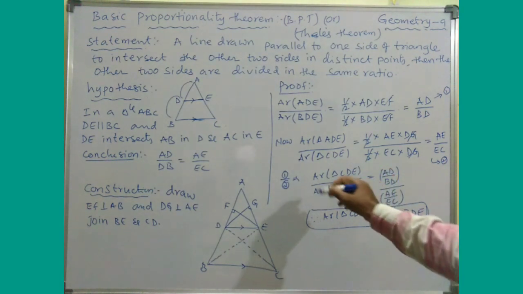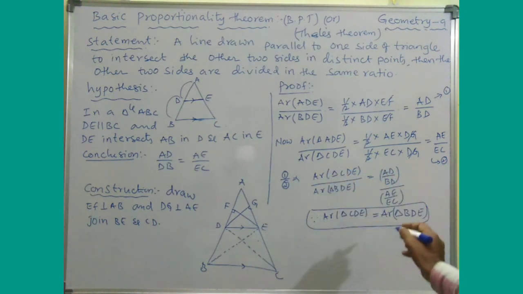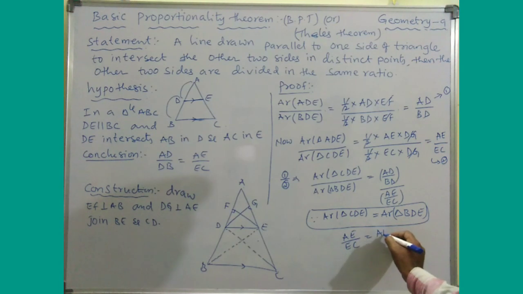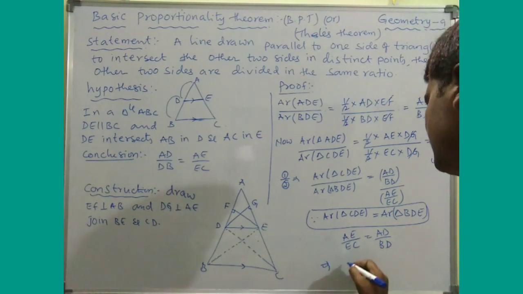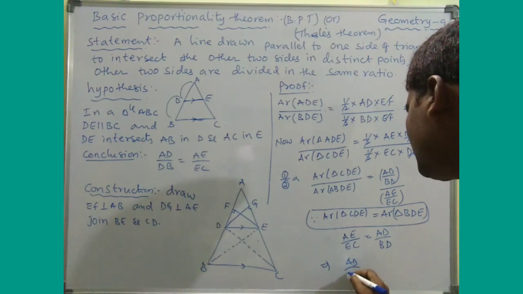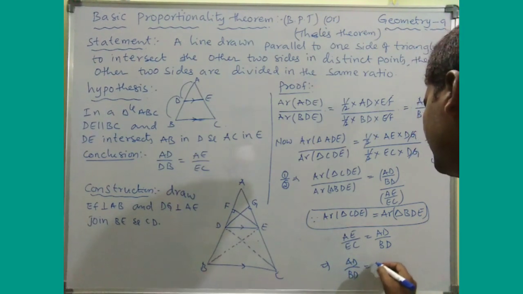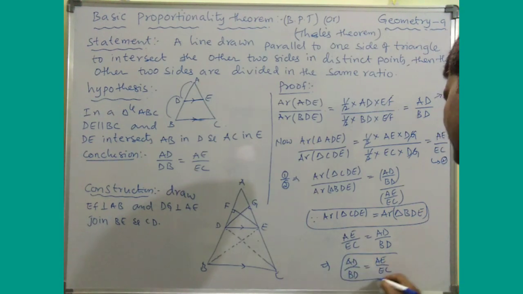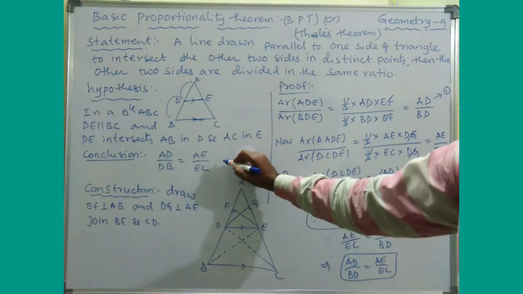So if this is cancelled 1, so on cross multiplication finally we get AE by EC, which is equals to AD by BD. So from this I can say that AD by BD is equals to AE by EC, which is the required condition.